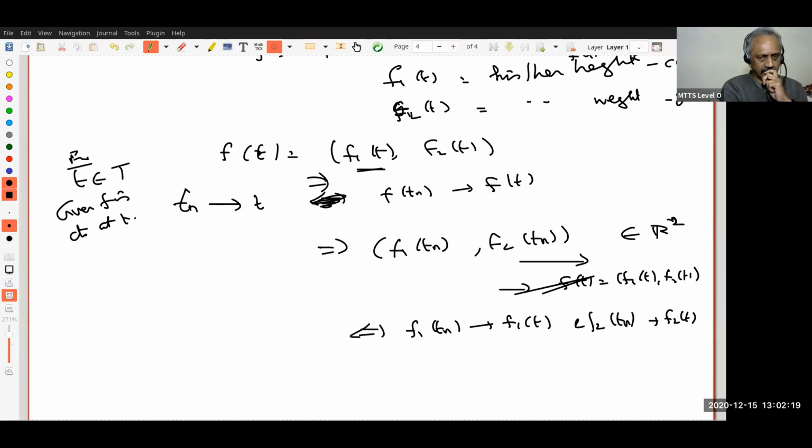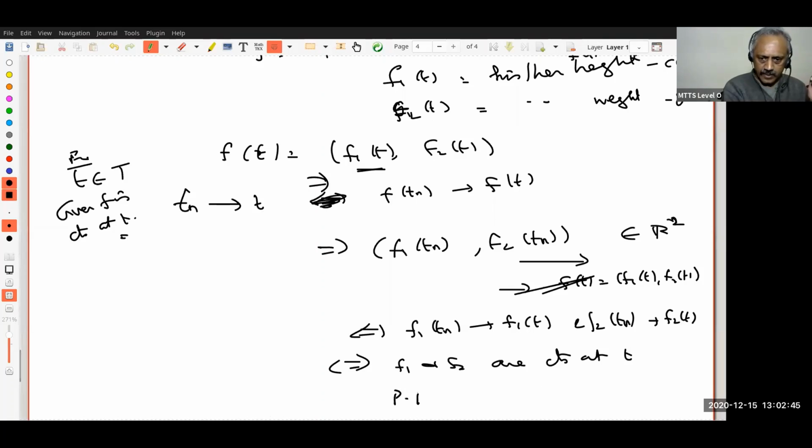Yes. So what do you think I have shown? I have shown that if f is continuous at t, then f1 and f2 are also continuous at t. You understand that? Now converse.